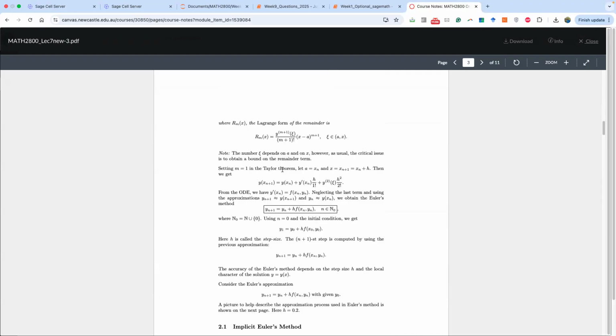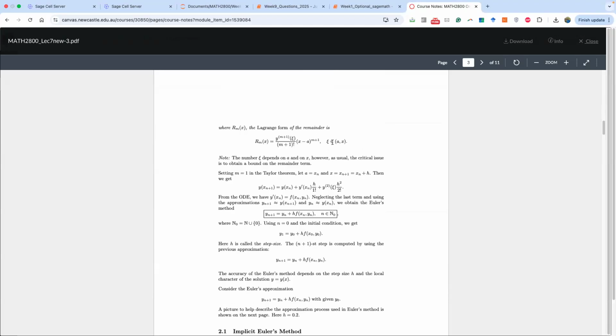From the Taylor theorem, the third term here is the second derivative, where psi belongs to between a and x, and h is the step size again. So we can use this one. This will be the classic Euler's method, and the third term will be the local truncation.